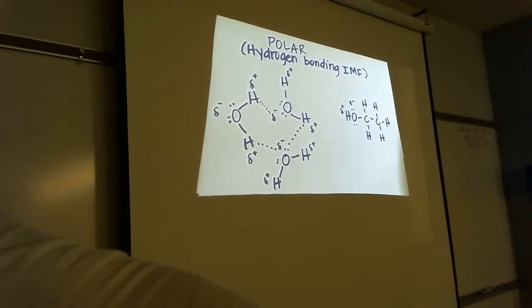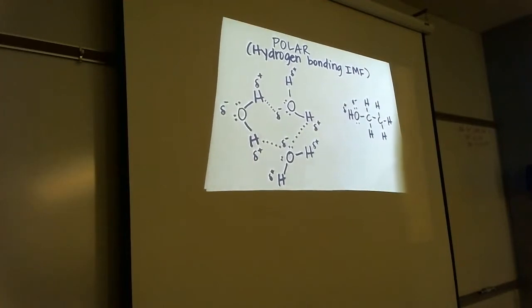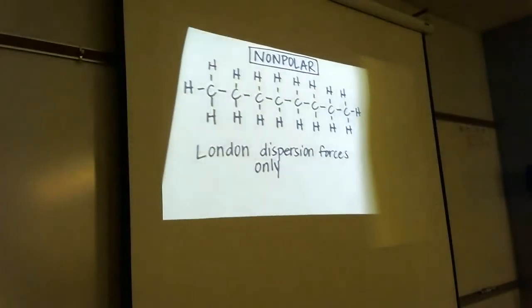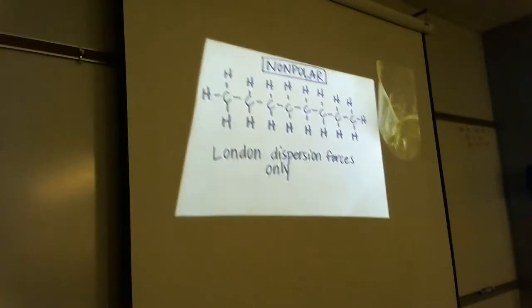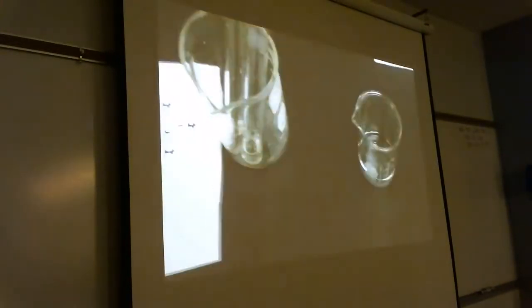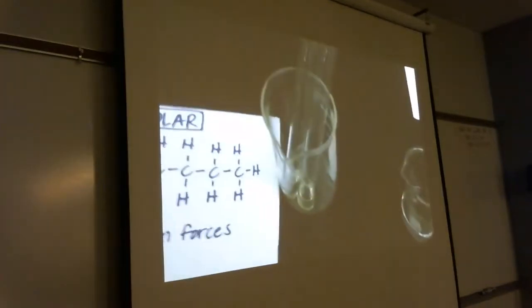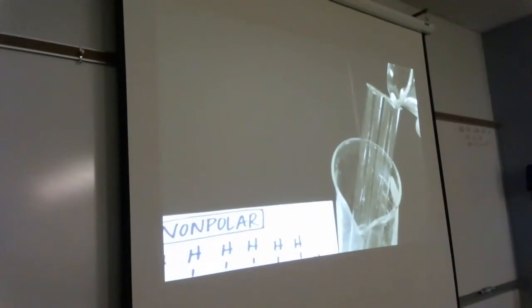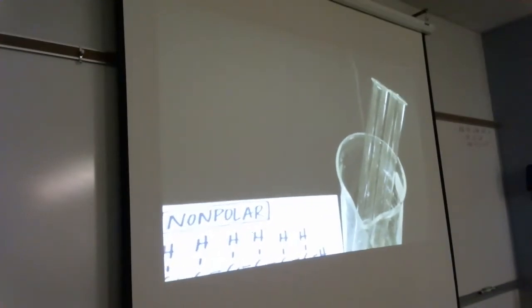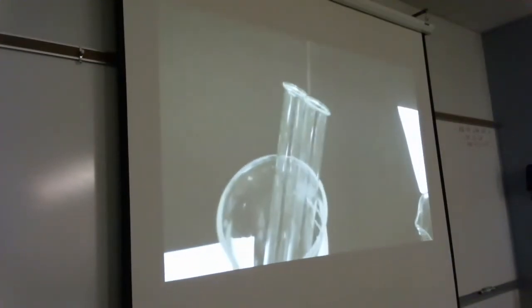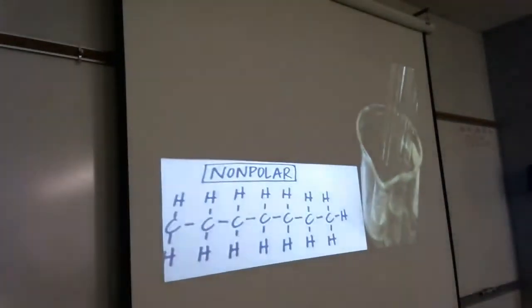So when I combine a polar solvent capable of hydrogen bonding with a nonpolar solvent that is not capable of hydrogen bonding, I will see layers form. To demonstrate this, we've got some water that we'll add to our nonpolar solvent, and we'll also add our ethanol to our nonpolar solvent.